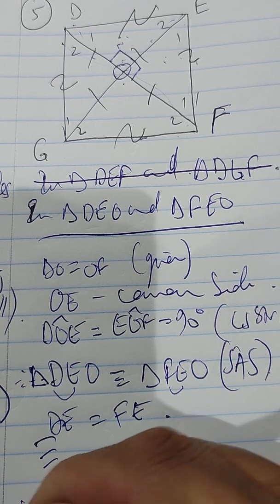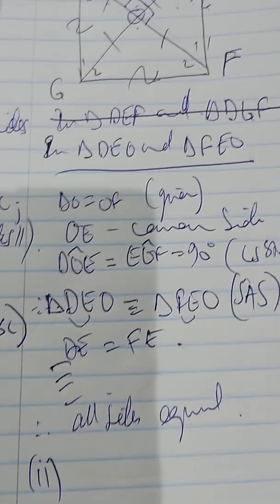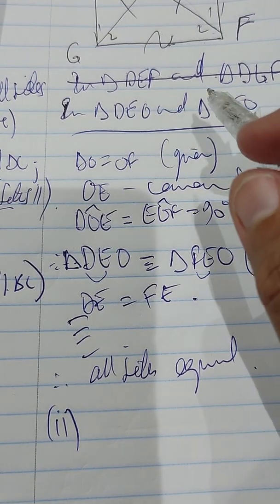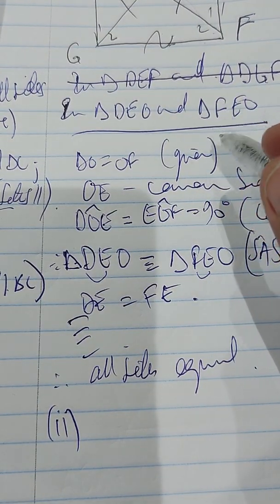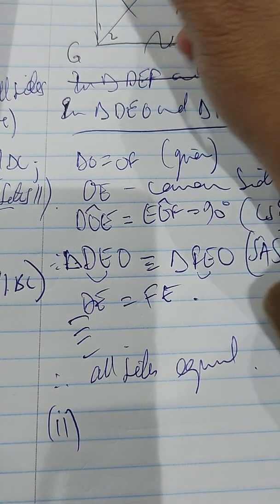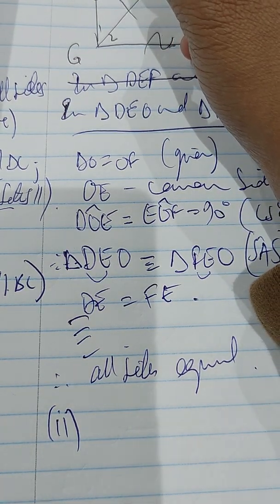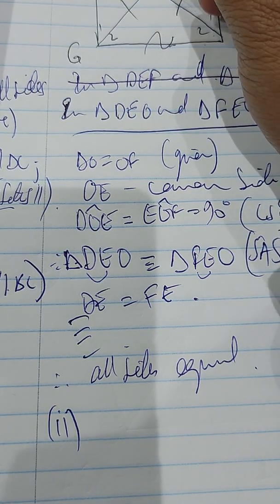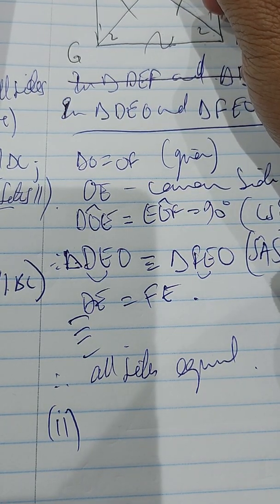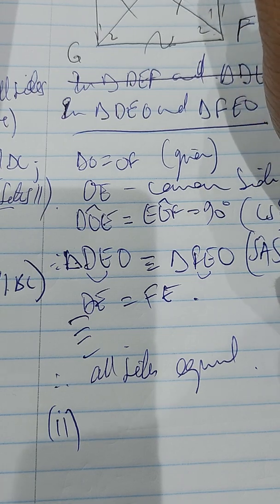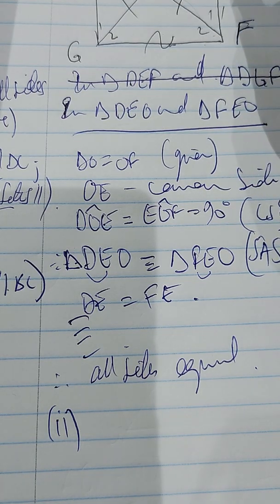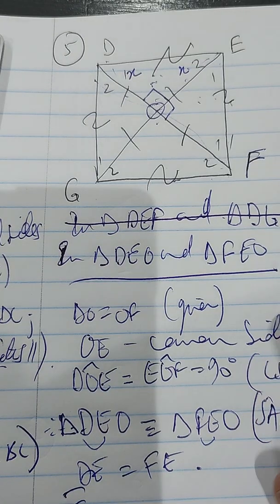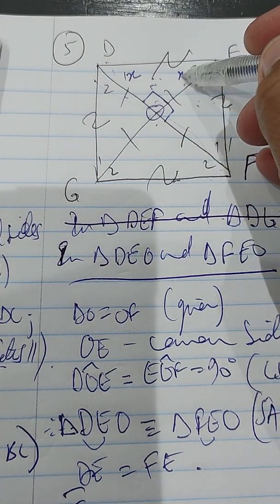Then the second part of the sum says, now remember all the sides are equal, no? Now we are told that if D1 is x and equal to E2, which is x, prove that angle E is 90. Okay? So here's an x.